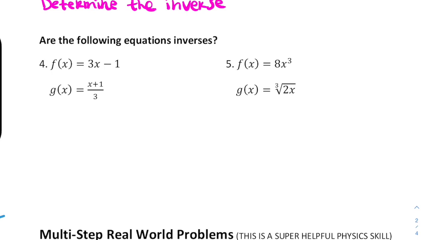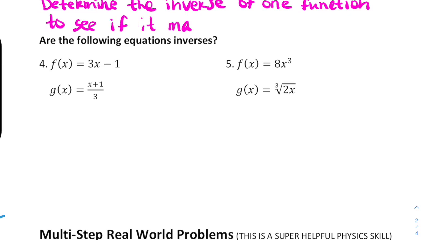So determine the inverse of one function, and once we determine it, we want to see if it matches, if it's just the same function as the other one. So if it matches the other function, then we know that the two functions are inverses.